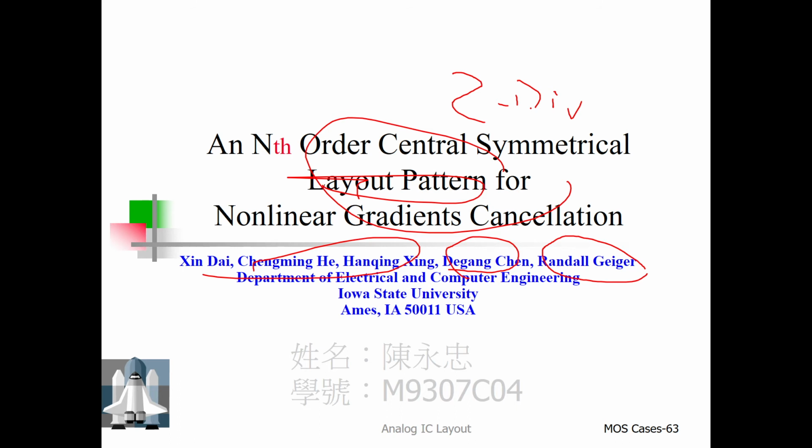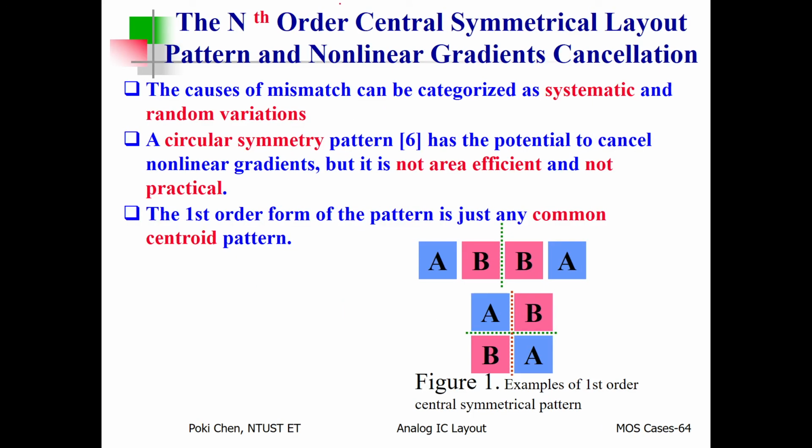Never mind for first order cancellation or second order, third order, as you like. And from MediaTek, they required at least second order gradient cancellation. Keep this in mind. But you can make it even better than the requirement of MediaTek when necessary, all right?